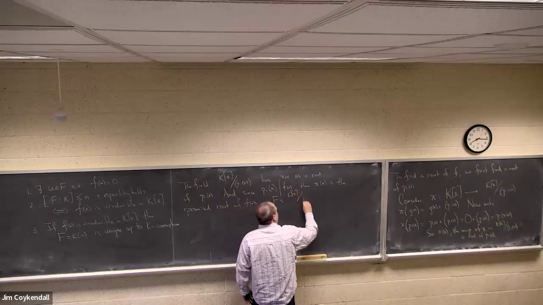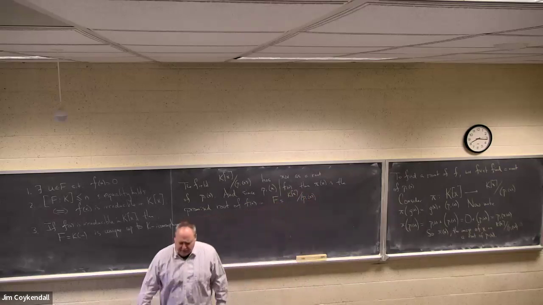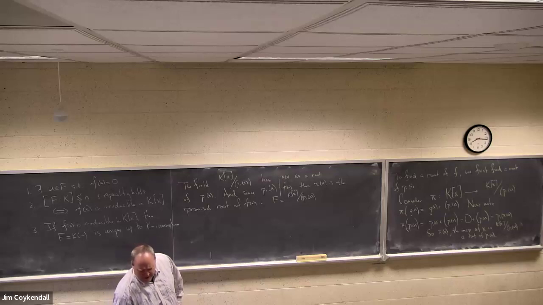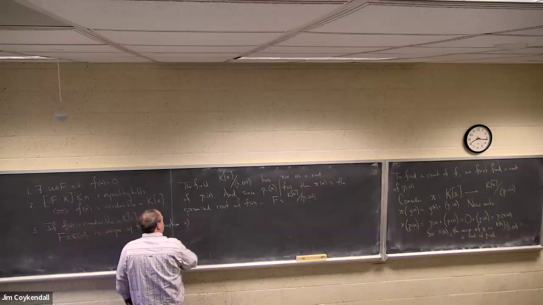I'll probably more commonly start calling this extension field F, because I'm separating that every time. Okay. Any questions? Let's see. This degree is less than or equal to n. Okay. Let's look at the statement here.